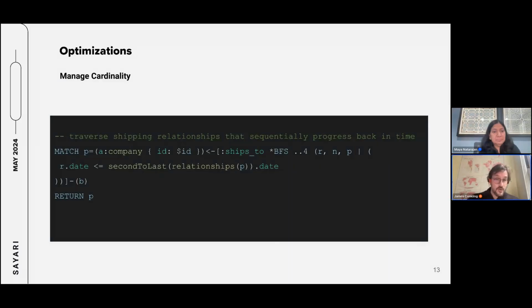So how do we handle that? This is the meat of everything here, so I'll try to not move too quickly through this. The biggest element about how to make this work, and this applies to all graph databases, is managing cardinality.